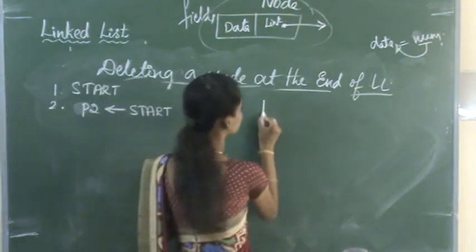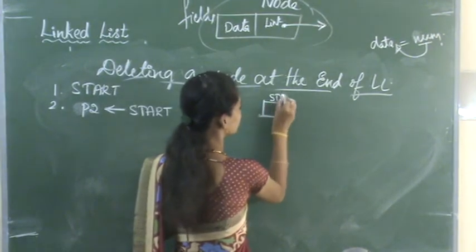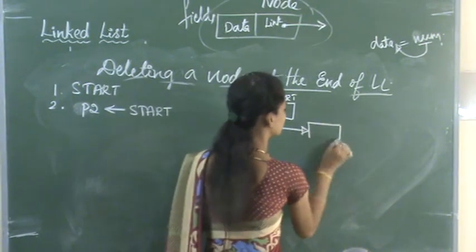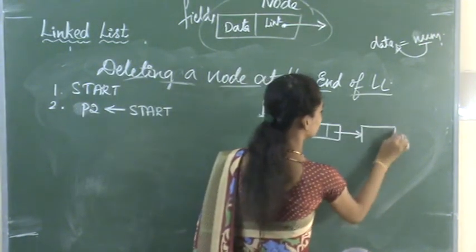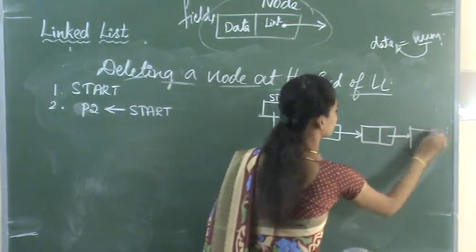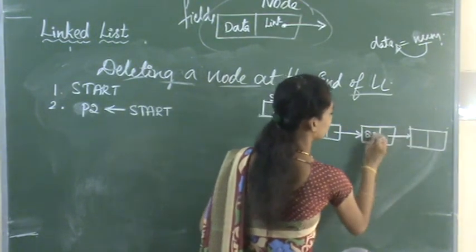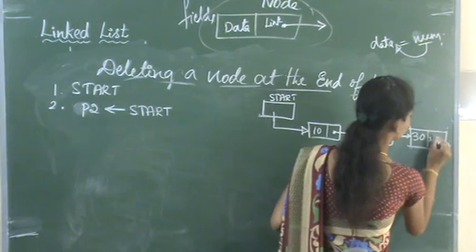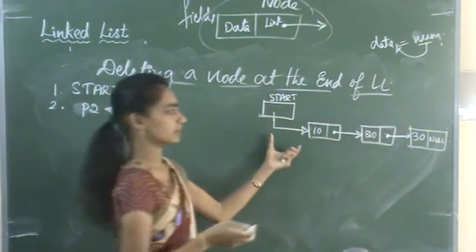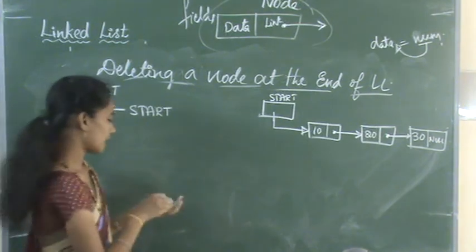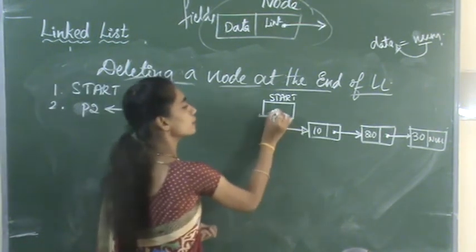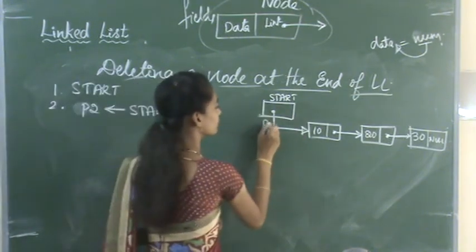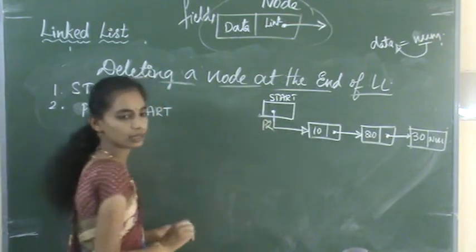Suppose we consider this as an example. I need to assign start to P2, so now this becomes P2.